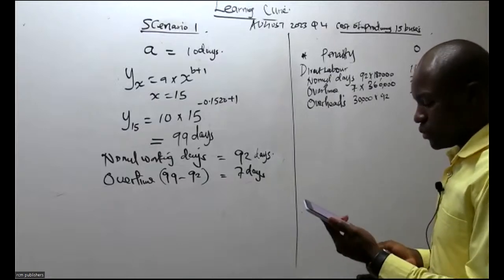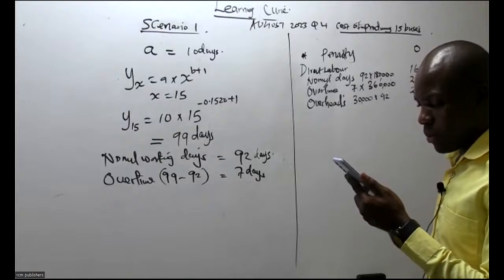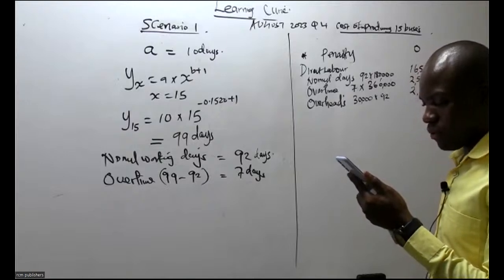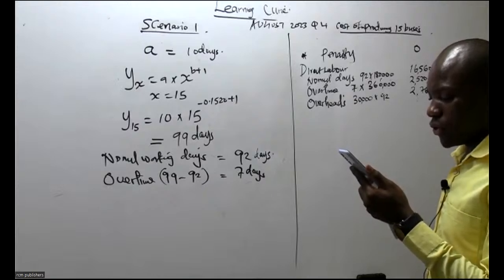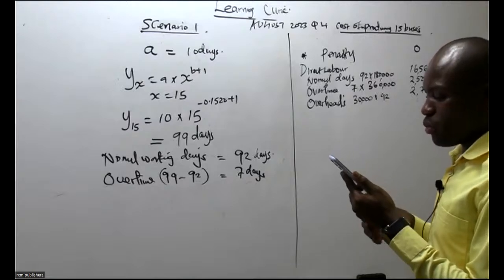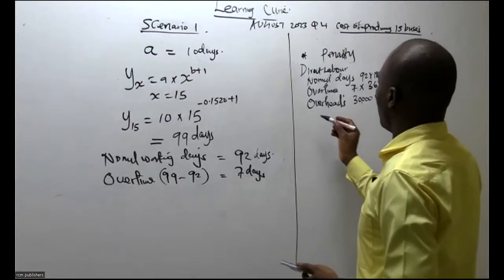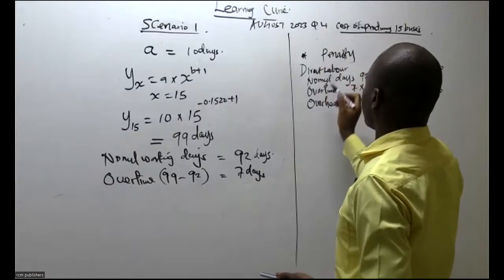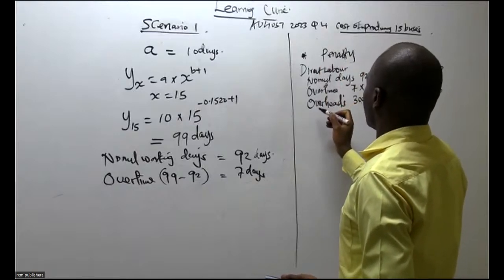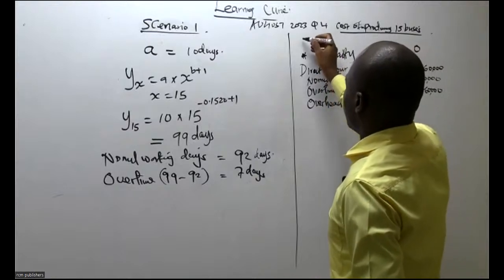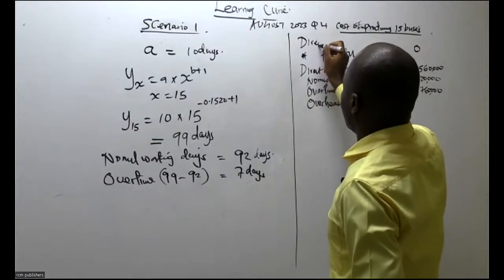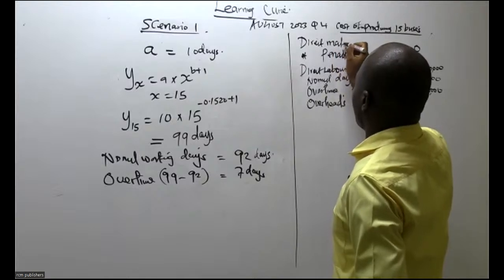2,760,000. Good. Having done that, we are being told in number 6 that the management accountant estimates direct material cost per bus at 2.5 million. So we have now direct material.